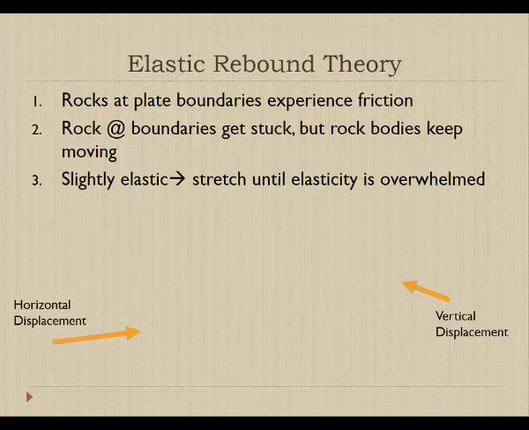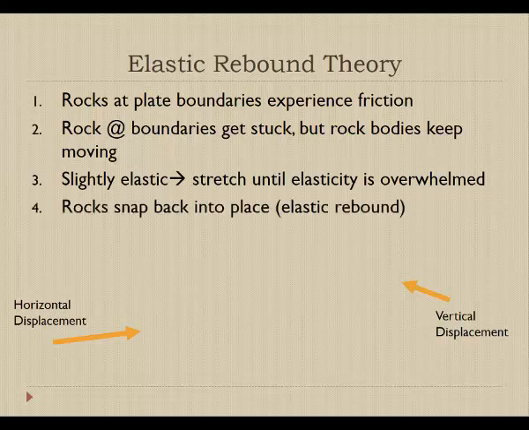But there is a slight elasticity to this material that allows a little bit of stretching so that one part of a rock can actually be moving a little bit faster than another part of the rock. However, this elasticity isn't infinite, and so at some point the elasticity of this rock material will be overwhelmed.